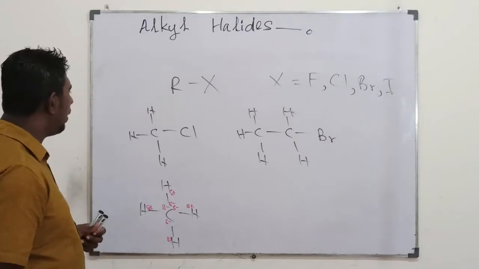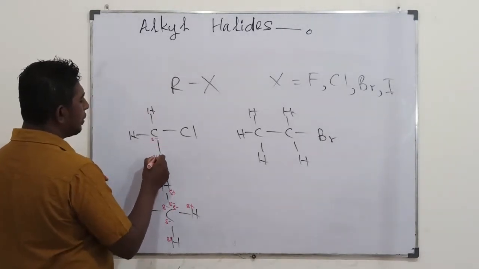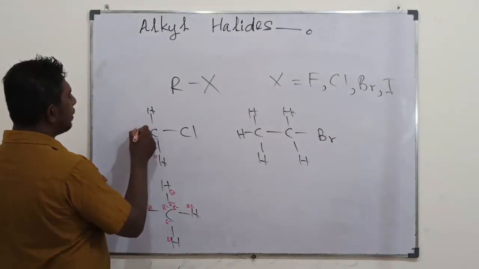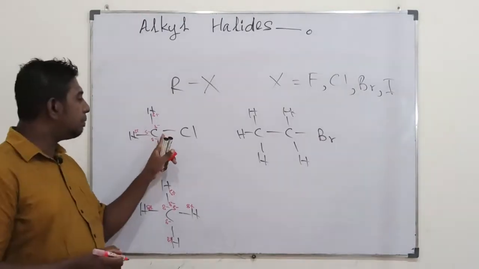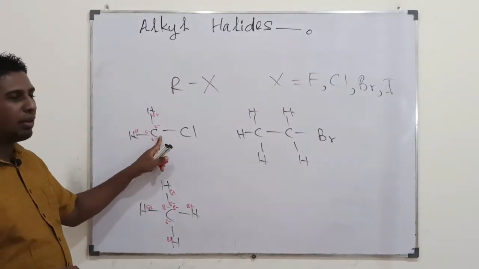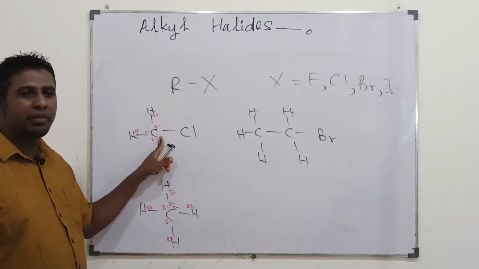Students, here also you have slight negative and slight positive dipoles. Here we call the electronegativity value 2.5, but it depends on the compound.